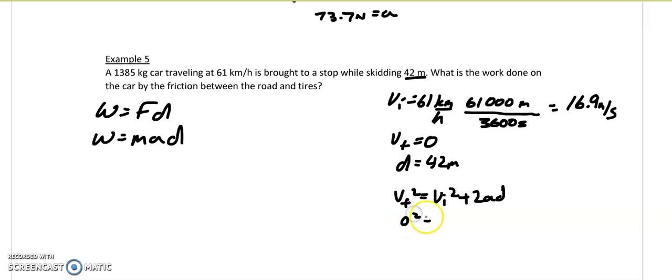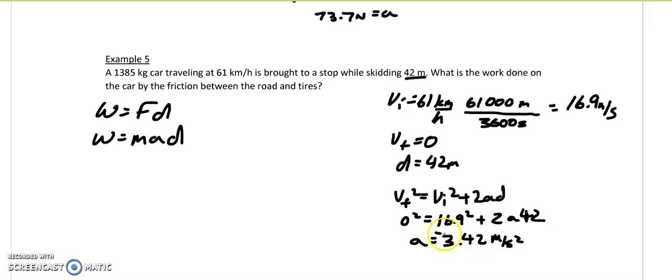Vf is 0 squared is equal to 16.9 squared plus 2A42. When you calculate this out, you should get 3.42 meters per second squared.